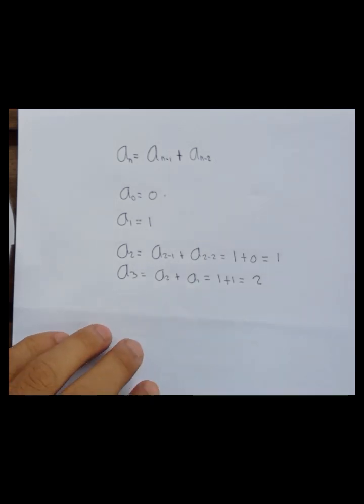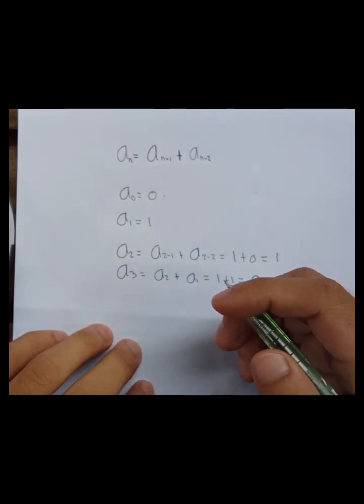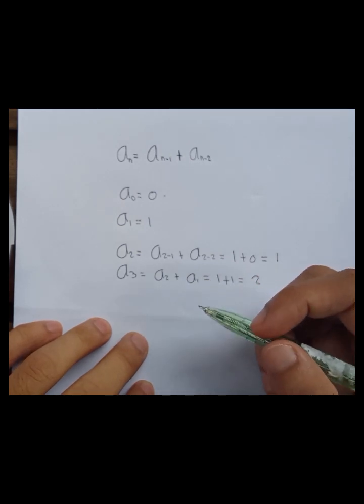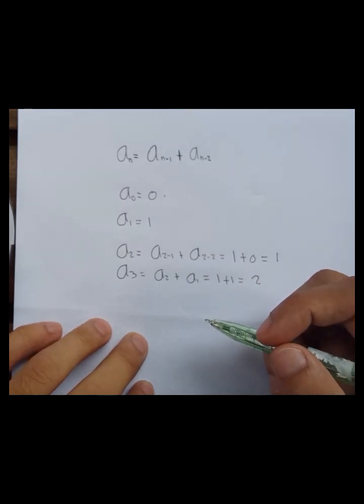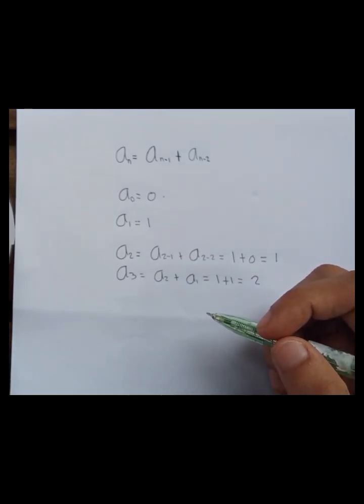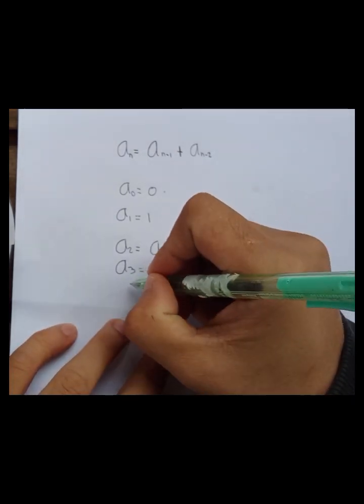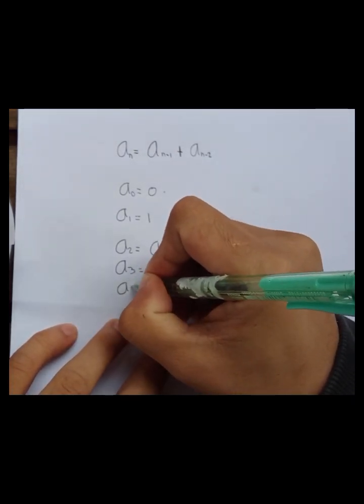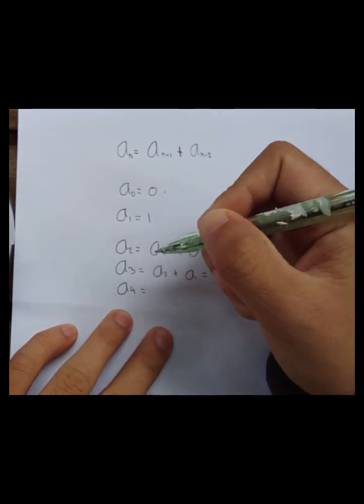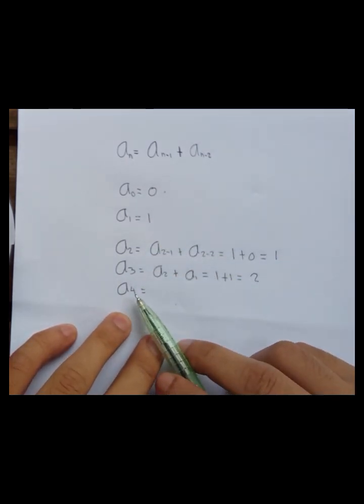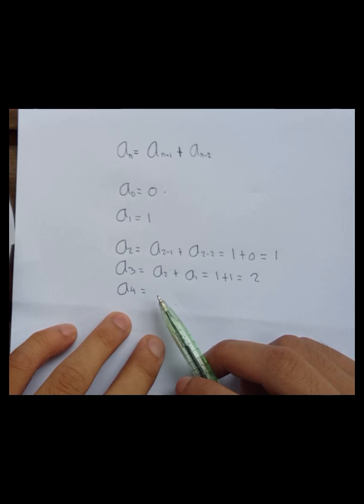To further understand the sequence, let's continue this sequence up until a sub 5. Now we're already at a sub 3, so 2 remaining till we're done. So let's say a sub 4. The number before it is a sub 3, right?